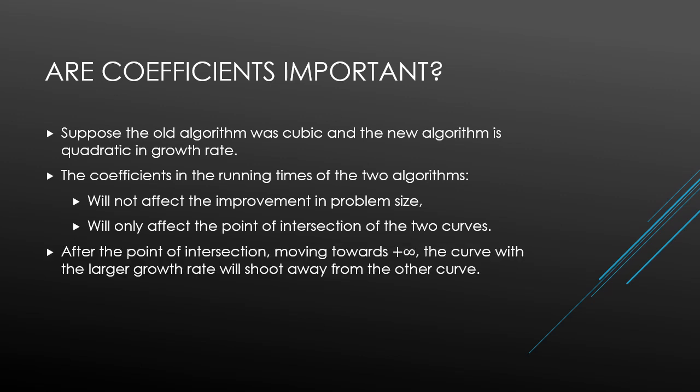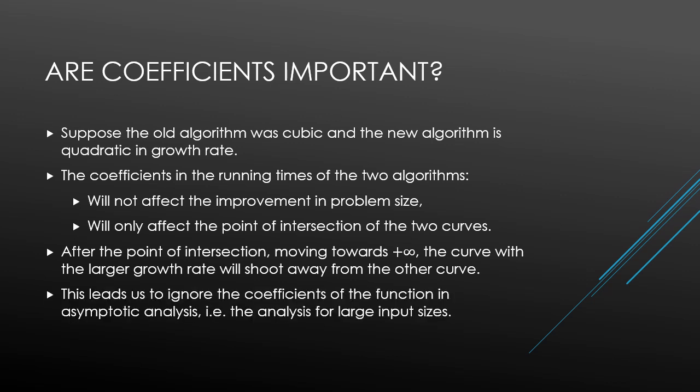After the point of intersection, moving towards positive infinity, the curve with the larger growth rate will shoot away from the other curve. This leads us to ignore the coefficients of the function in asymptotic analysis, that is, the analysis for large input sizes.